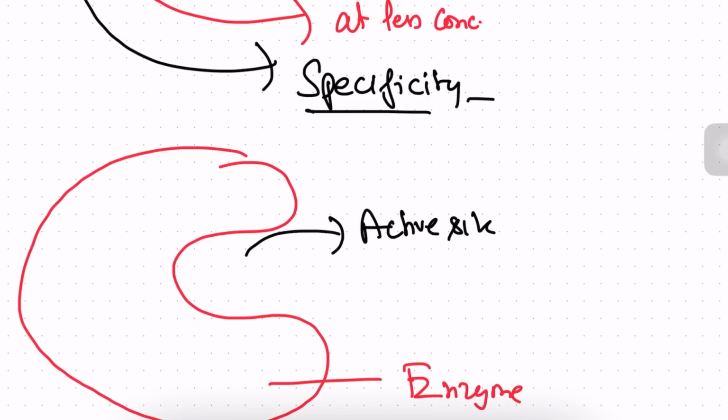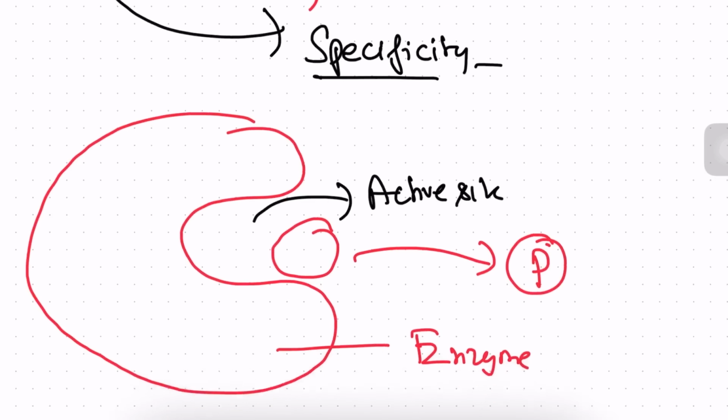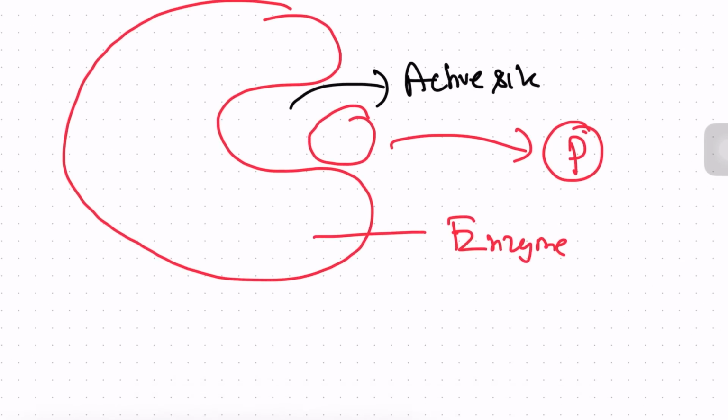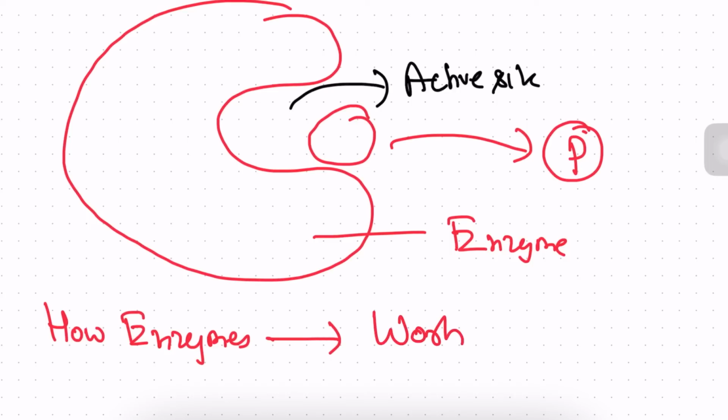At the active site, the substrate will come and bind, and later it will be converted into product. In the next class I am going to teach you how enzymes actually work. So we are going to discuss this point in the next class.